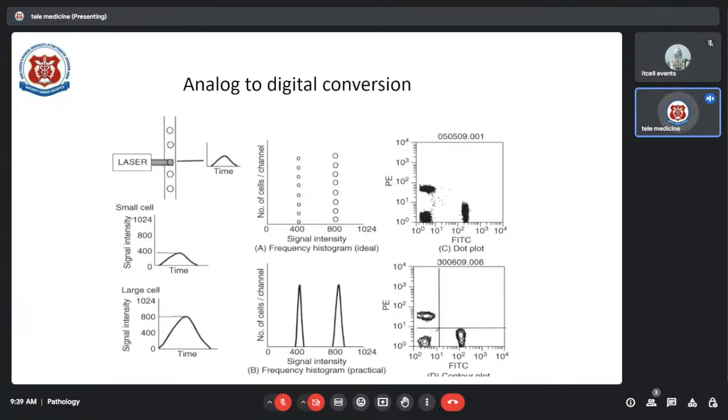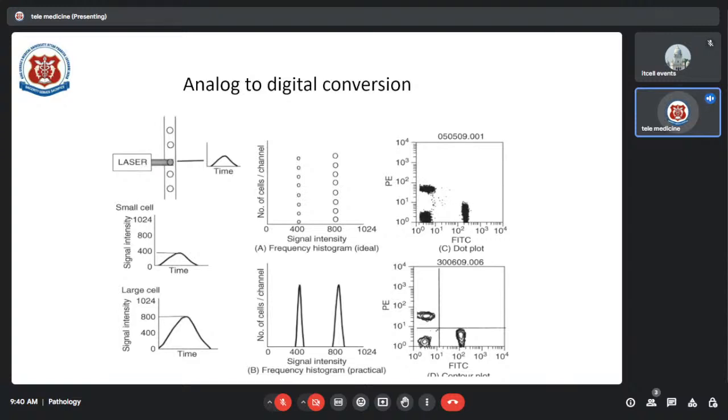There is something called analog to digital conversion. I told you in the beginning there were balls of varying color kept in a basket and you wanted to separate them. So how do you do it? As I showed you in the previous graph, on the y-axis you have signal intensity, on the x-axis you have time. Now in analog to digital conversion, this is the signal intensity. Suppose there is 400 nanometer wavelength, then you have 800, then you have 1024, signals of different intensity. And on the y-axis you have number of cells.